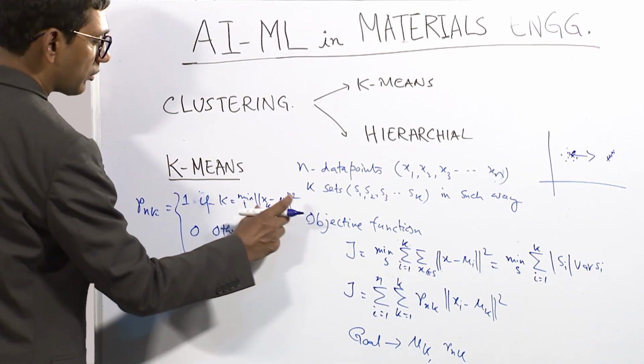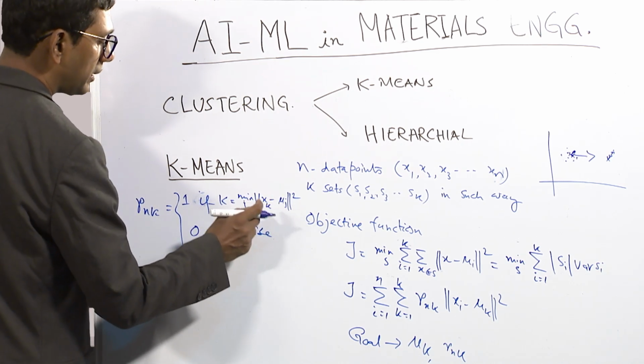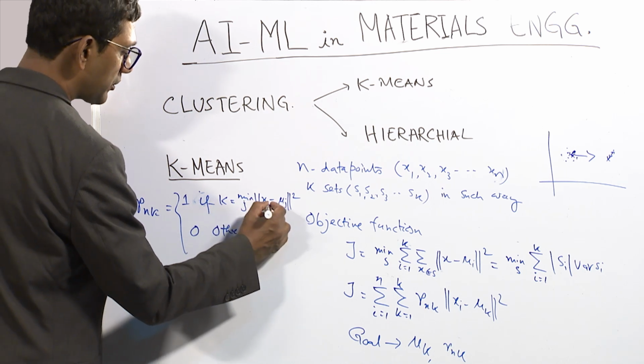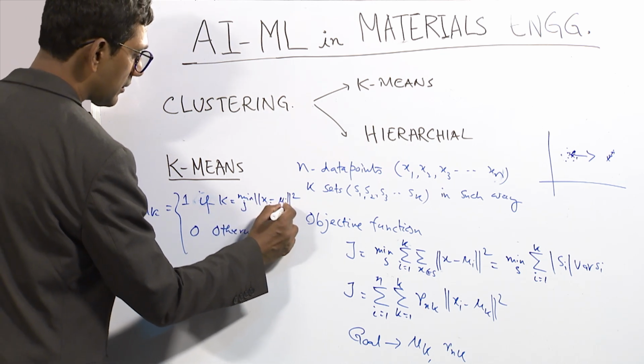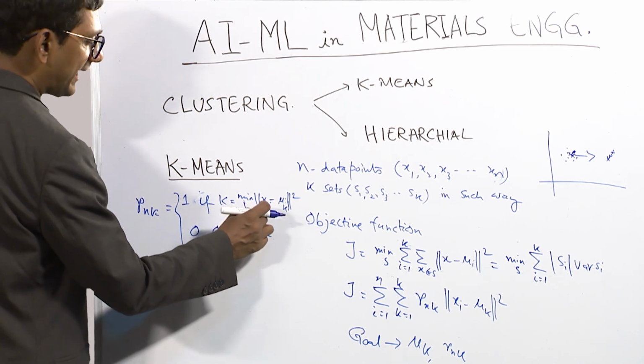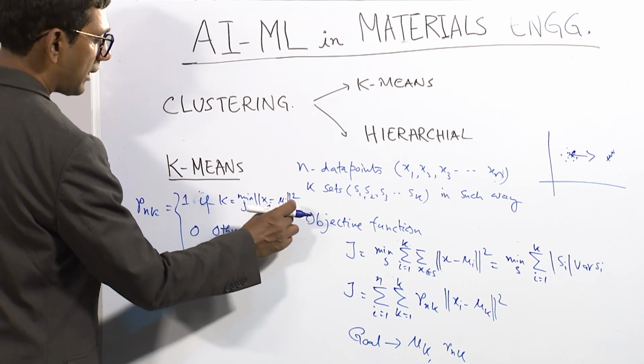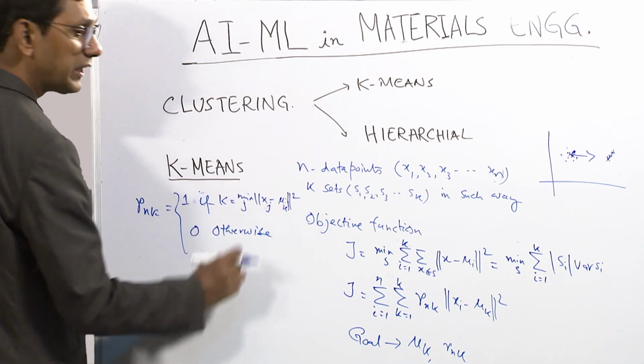So, what it does is calculate the distance between the point and the cluster mean. Or rather, I think I have made a mistake, it should be this, k should be here. So, for any point, the square of the distance between that point and the mean of the cluster should be minimum.